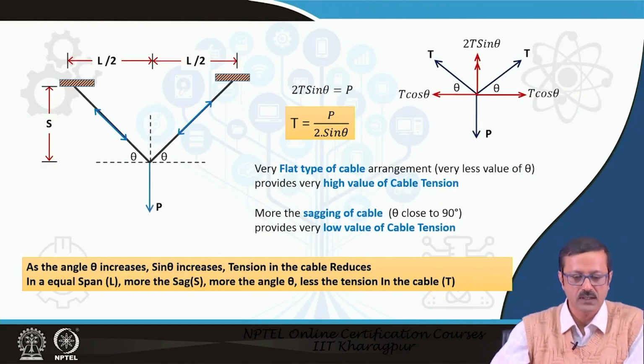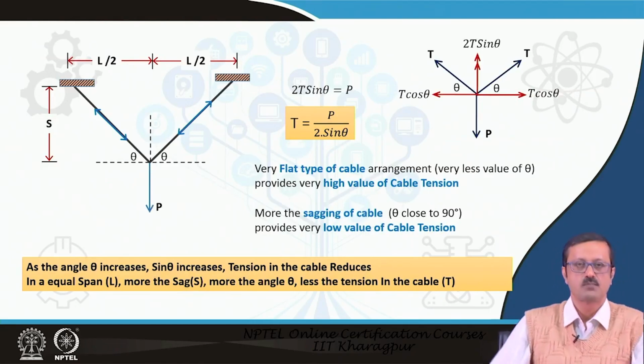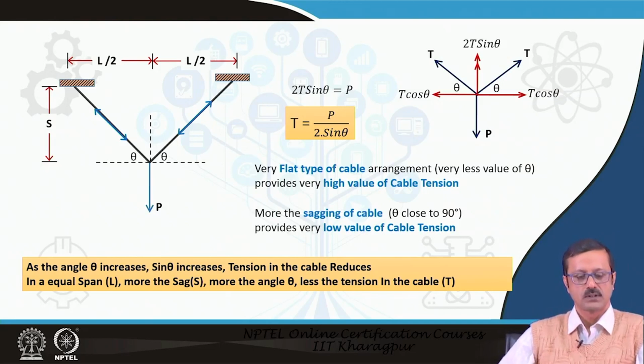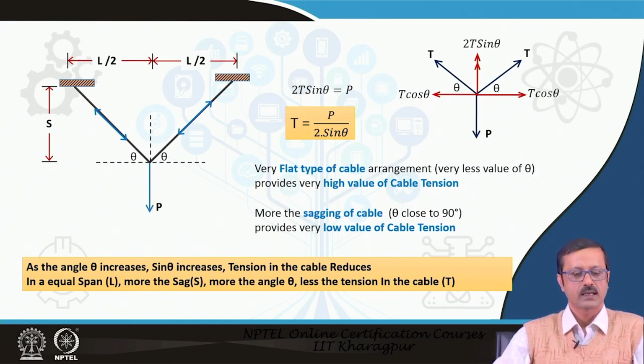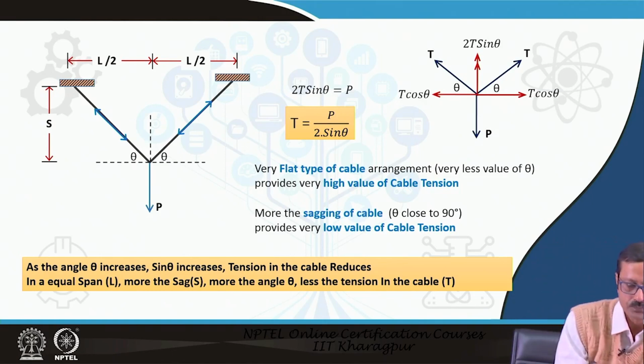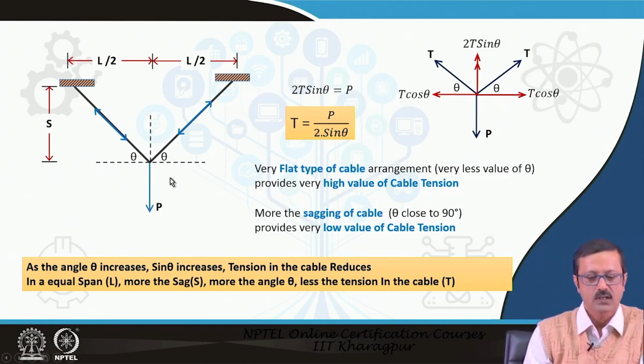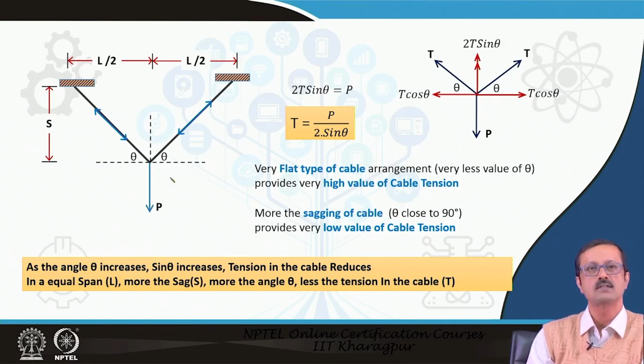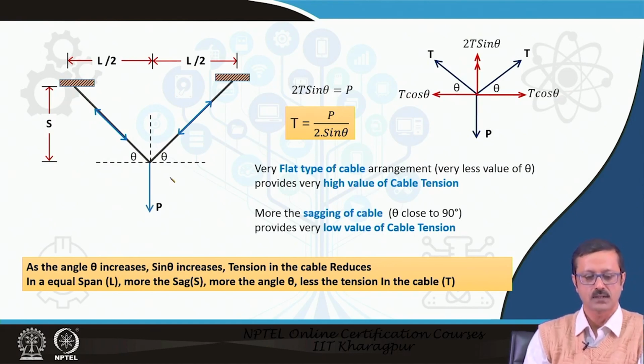To begin with a small introduction of the cable structure, I have taken the simplest type of cable structure, where a cable is hanging from 2 supports, the cables are inclined in nature, and it is a symmetrical case. It is under a load P, and the inclination is angle theta to the horizontal.